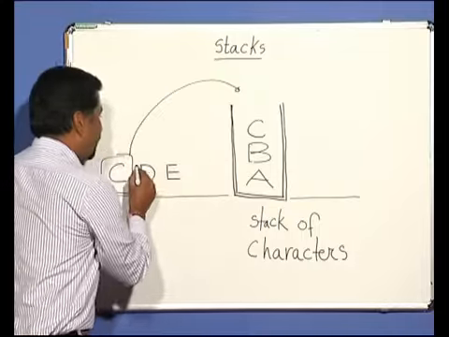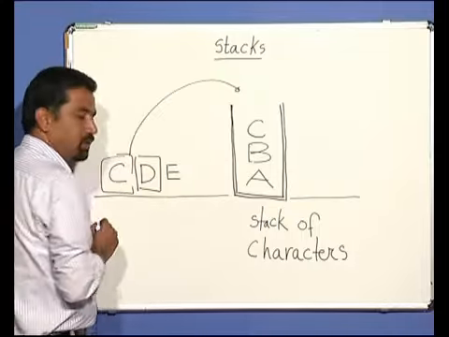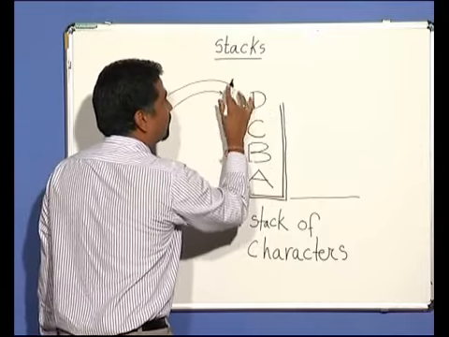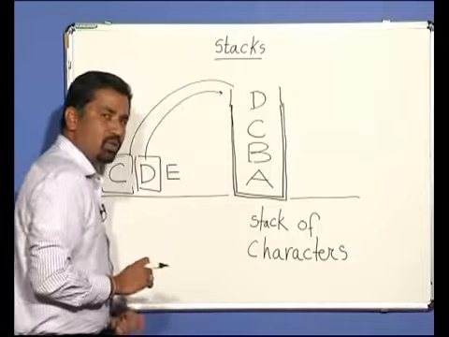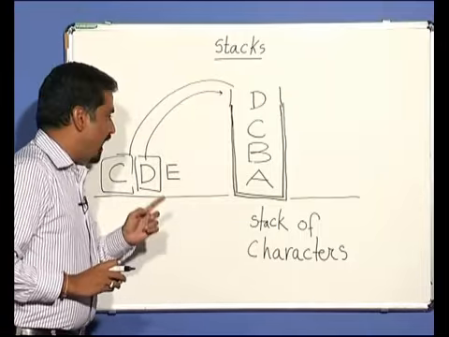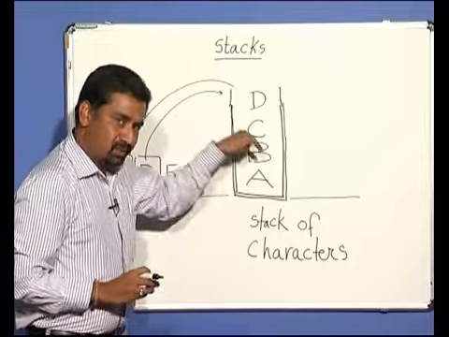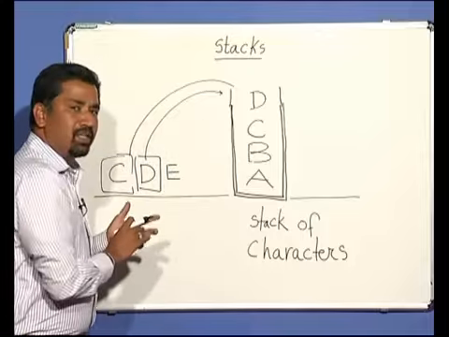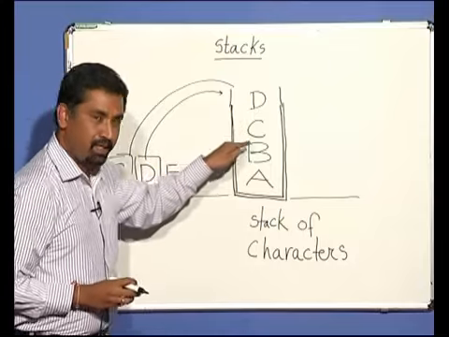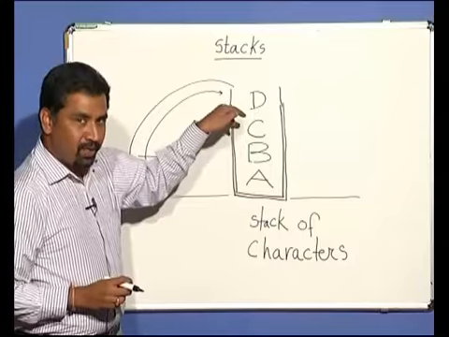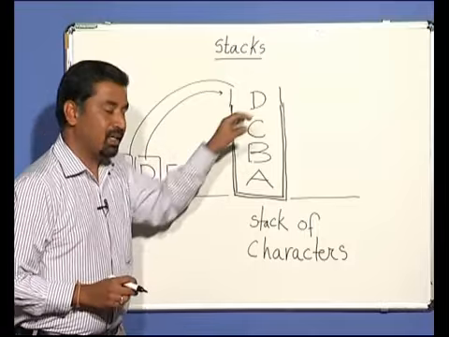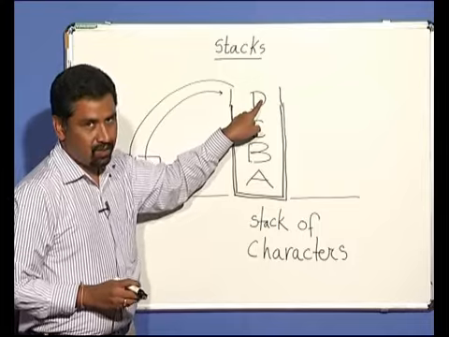In the same way, if I put one more letter into the stack, that will again sit on top of C. So what I want you to notice here is that as you put characters into the stack, the one that you have put in last is at the top of the stack, because first I put C, then after that I put D, but the order is reversed when you look at the top of the stack. Right now D is at the top of the stack.